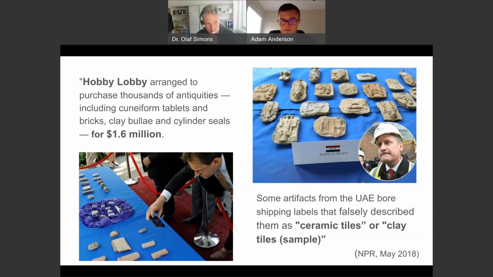I have a colleague in Spain who will look on Christie's auction house listings for tablets that come up online. And when he finds a tablet, he'll take the photos and add that to the database that he's been making. So a lot of this work is done by keeping a close scrutinizing eye on the black market, essentially.